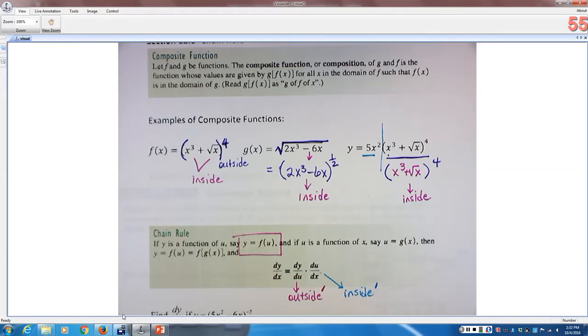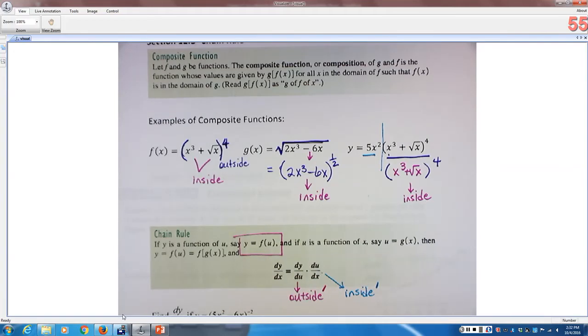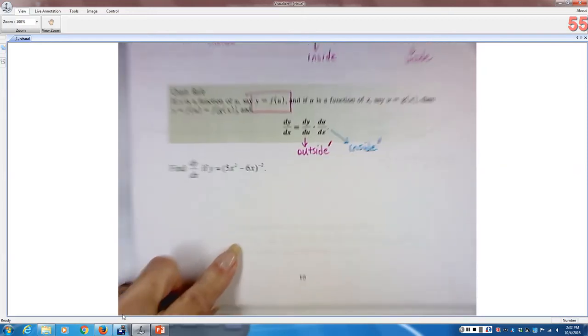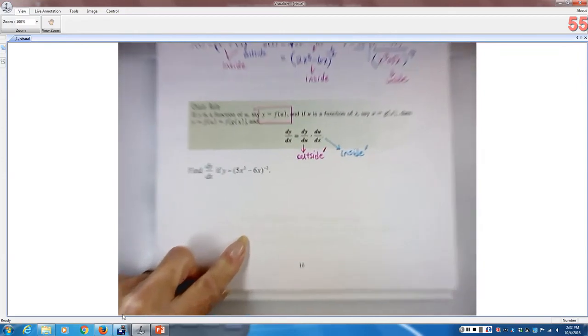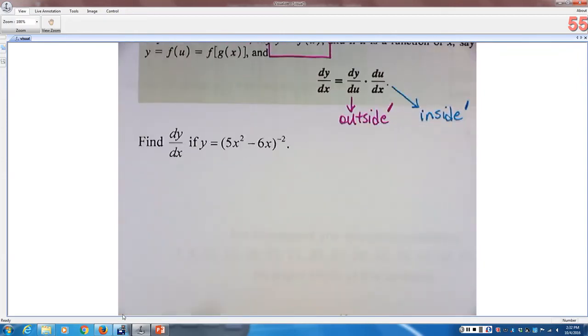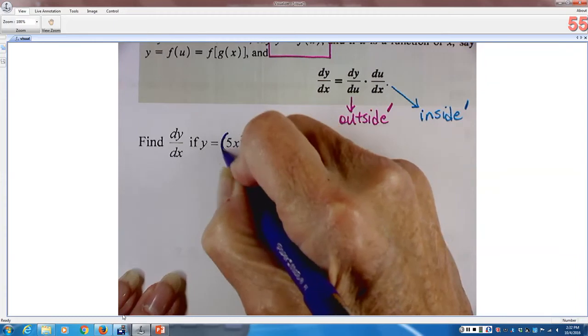So here's how we do this problem. First, we determine what's the outside function. It's when I raise it to the negative 2 power. So my outside function is here.